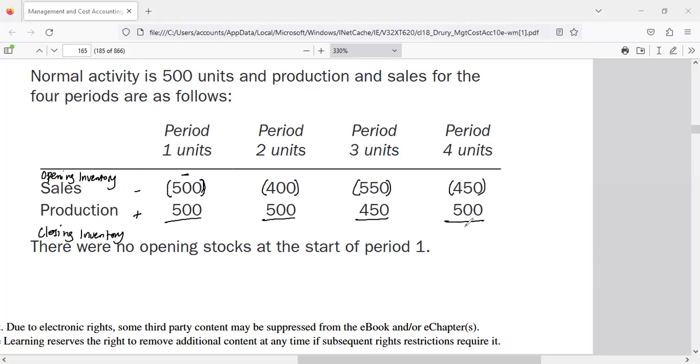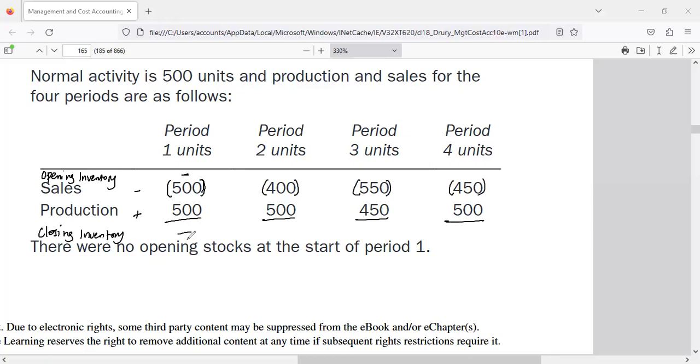Now in period 1, as you can see, there is no opening inventory, meaning that I will just look at what we have produced. I've produced 500 minus the units we have sold 500. So the closing inventory is 0. There is nothing in period 1 because production equals sales.